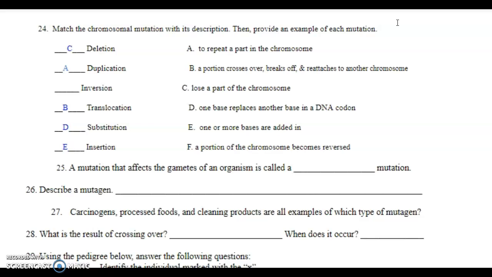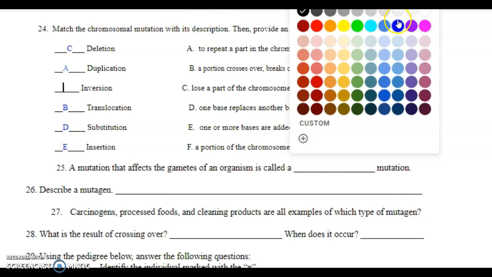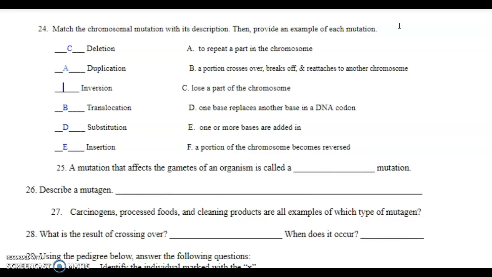F says a portion of the chromosome becomes reversed. It just gets twisted up and locks back down into place in the reverse order. Depending on where those breaks happened, it's going to determine the extent of the error caused by that inversion. Okay. So we have C, A, F, B, D, E on number 24.